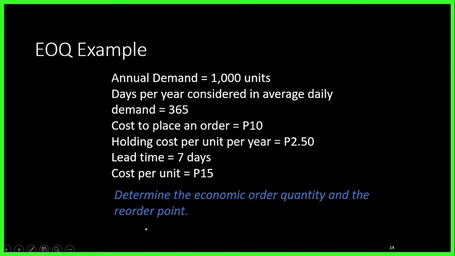Well, siguro they don't work during weekends and there are some holidays, so their number of operating days in a year will end up to 300. The cost to place an order is 10, holding cost per unit is 2.5, lead time will be 7 days, and the cost per unit is 15. The requirement is to determine the economic order quantity and the reorder point.